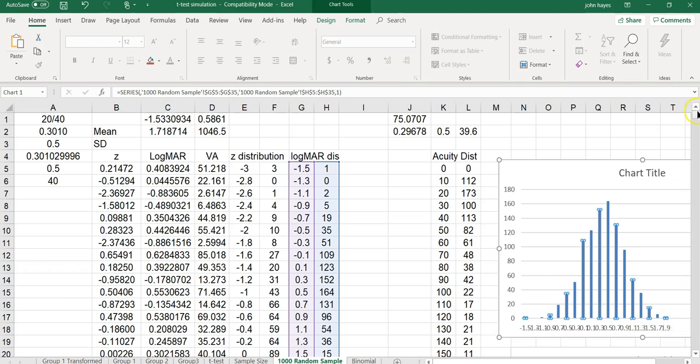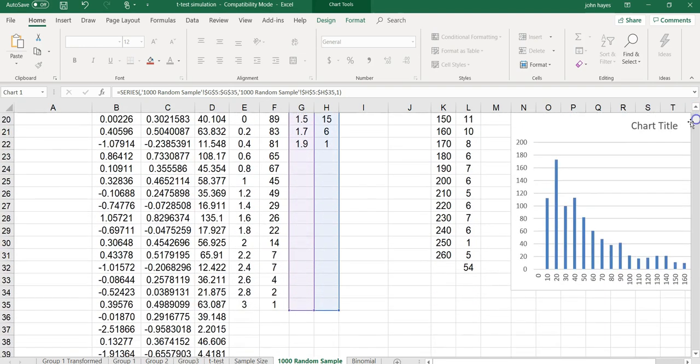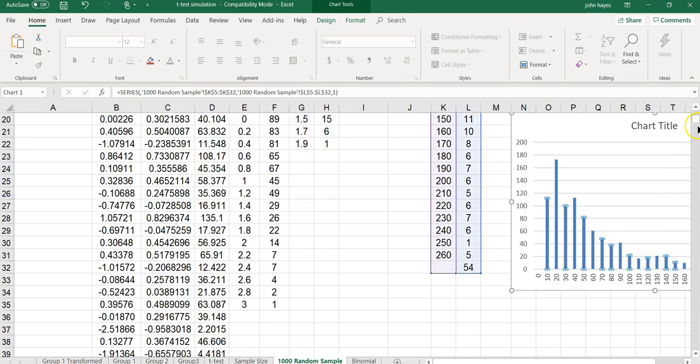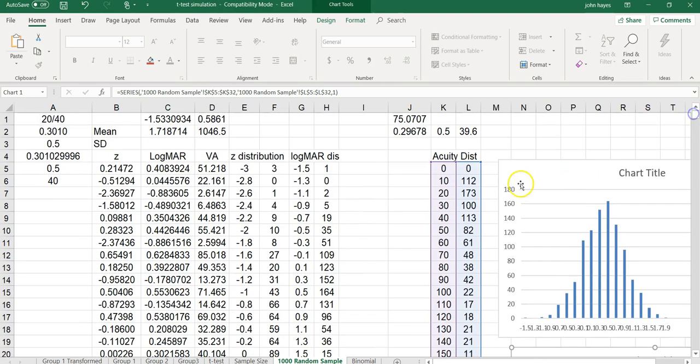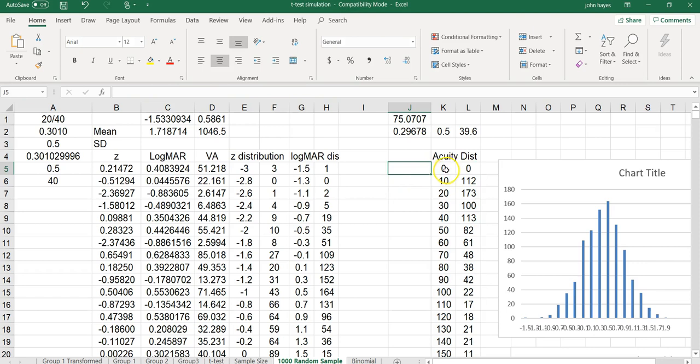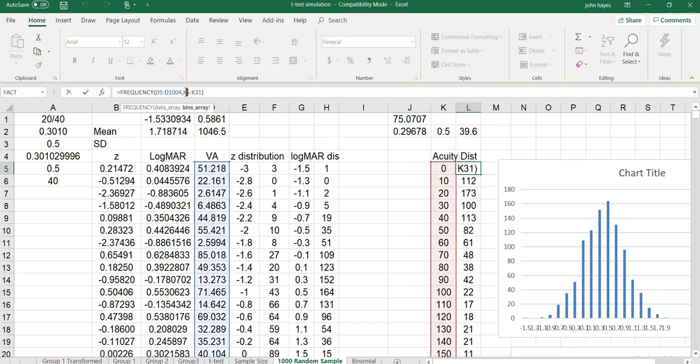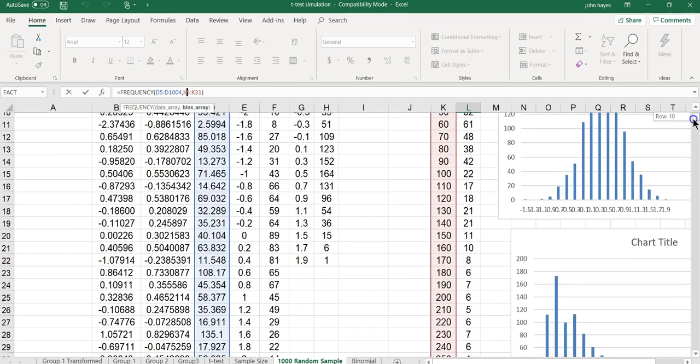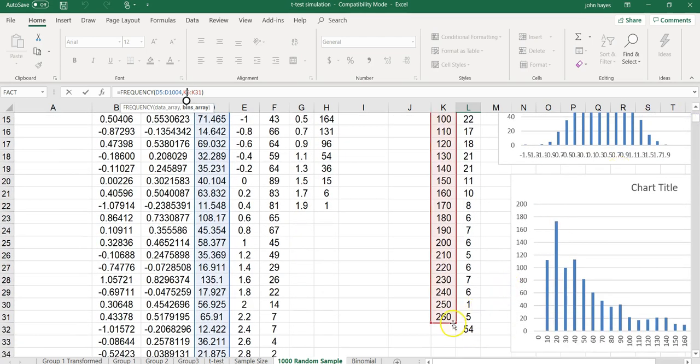Now then, I have actually down here done the acuity. And so these values, look at our frequency. And our frequency are the VAs that we converted, the range going from 0. Notice on here I go to 260.